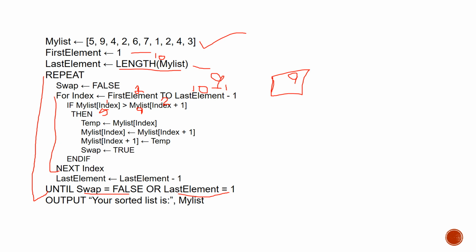And in my index 2, I'm going to save 4. So I'm going to save 4 over here, and in this line I'm going to put 9 over here. So swap equals true, and then again next index.